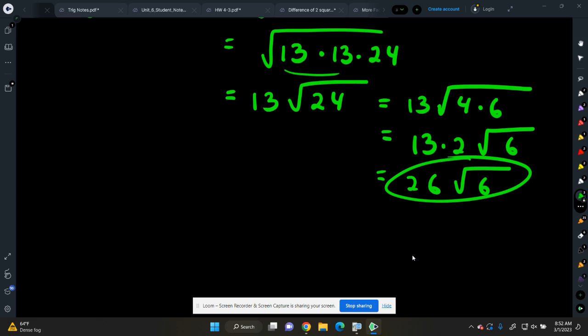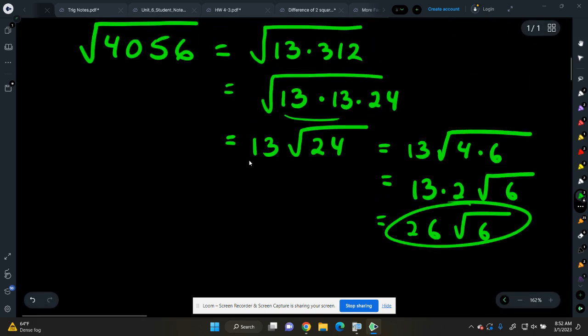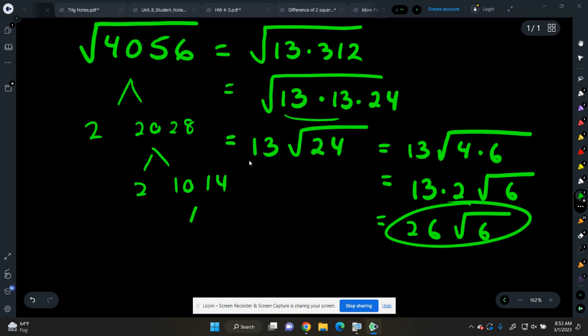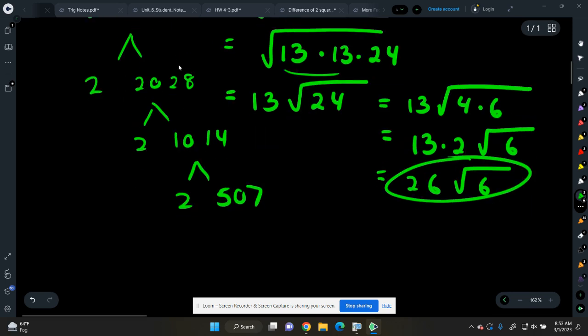Yeah. Okay. And hey, worst comes to worst, we sit there and we go, okay, 2 times 2028, 2 times 1014, 2 times 507, okay? And we keep going. So that's the worst case scenario.